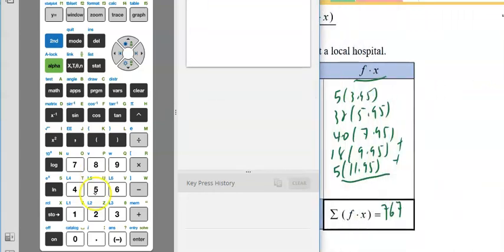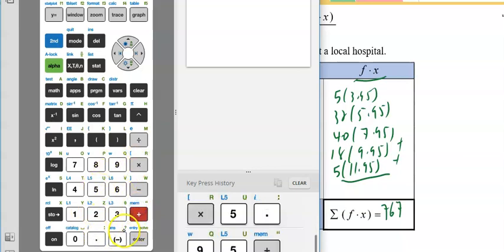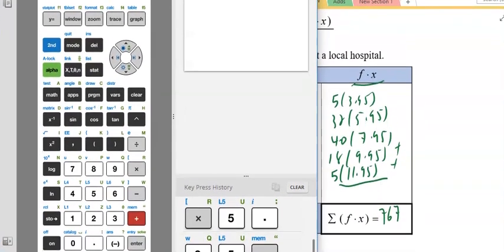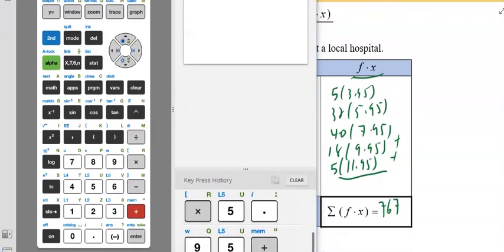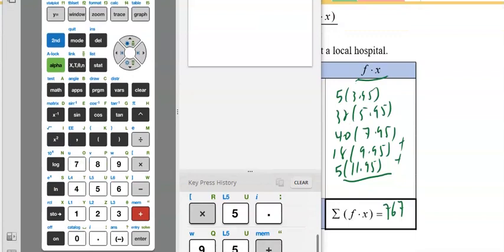So there, I'll take 5 times 3.95 plus 32 times 5.95 plus, oh, you're not seeing this. Let me show you this. There. I can't expand this. Plus, unless I shrink it more, so you can see it all.